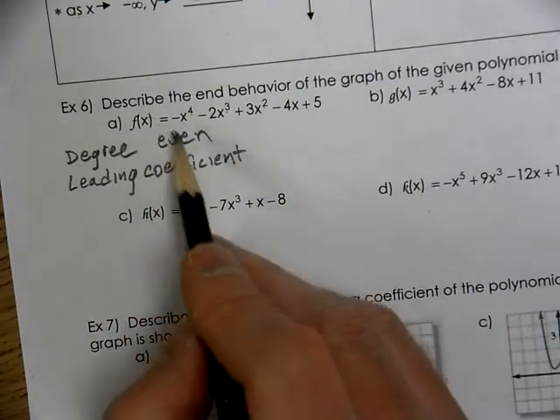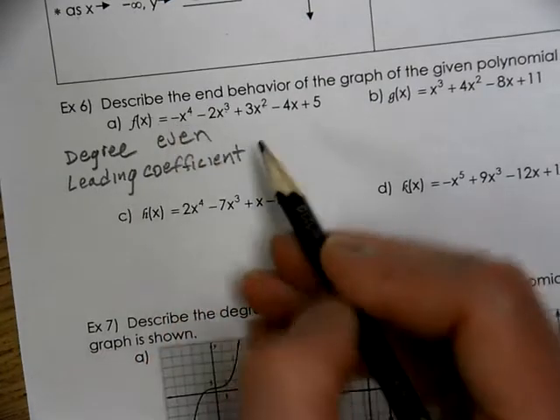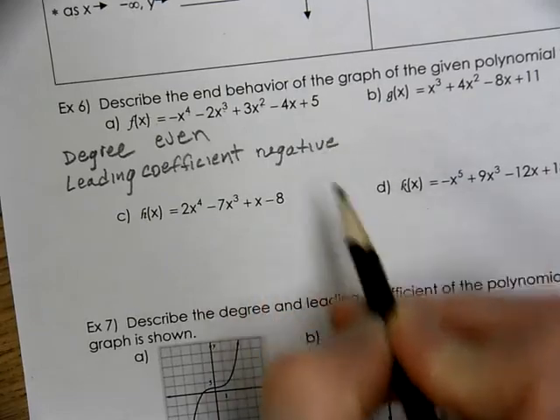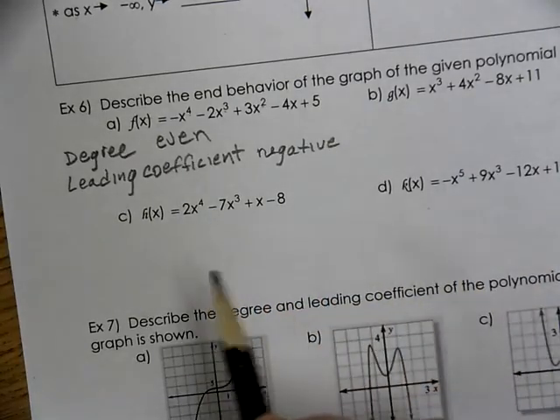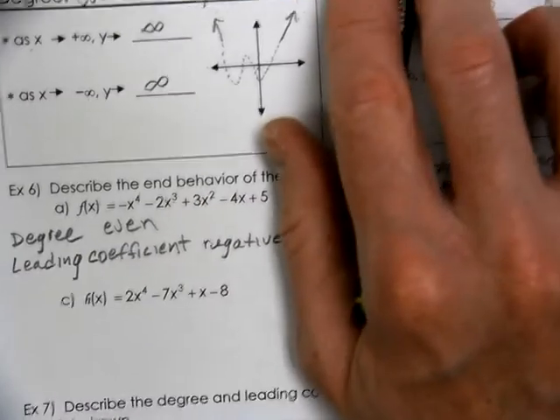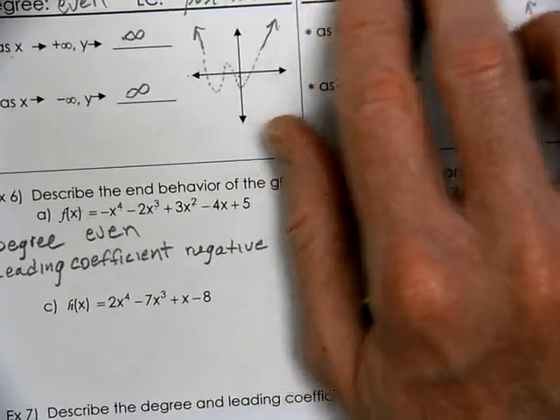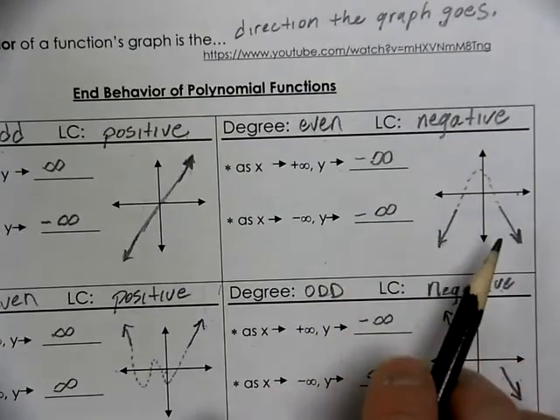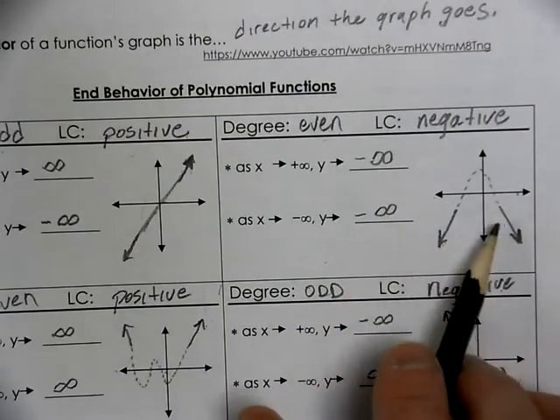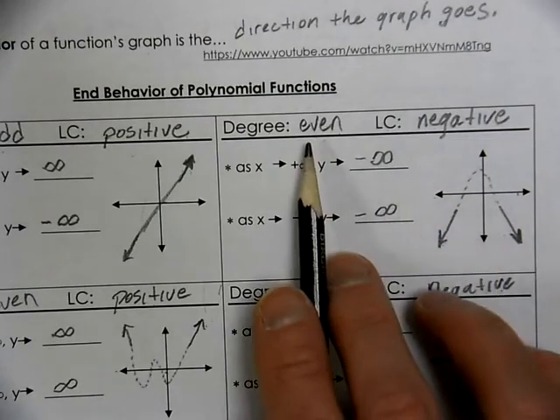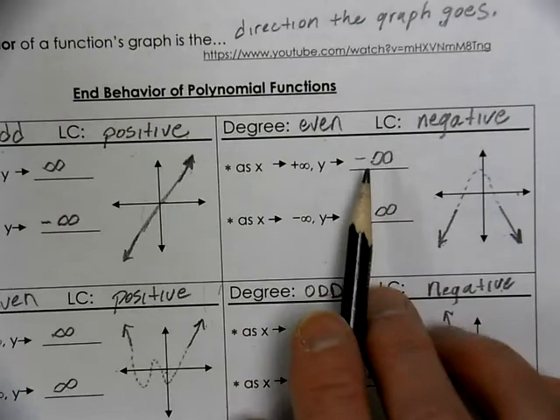A leading coefficient that is negative. So if we have a degree that's even and a leading coefficient that's negative, then we know that they're going to both be going down. The negative makes it go down. The even tells them that they're going in the same direction.